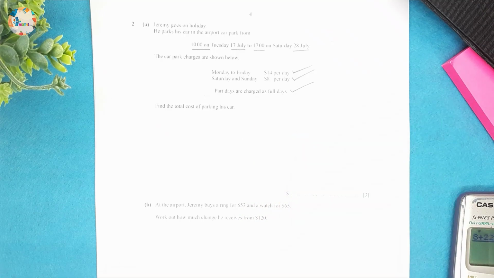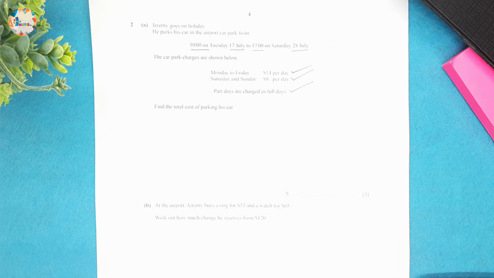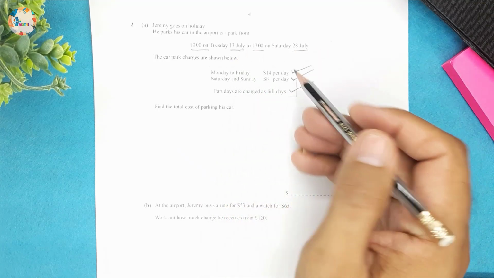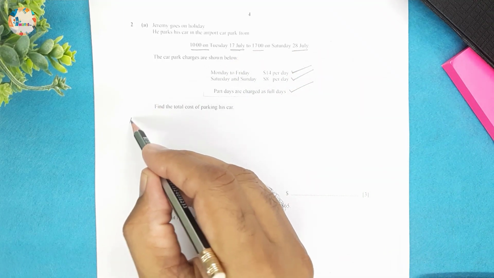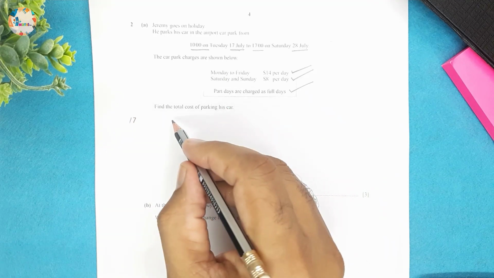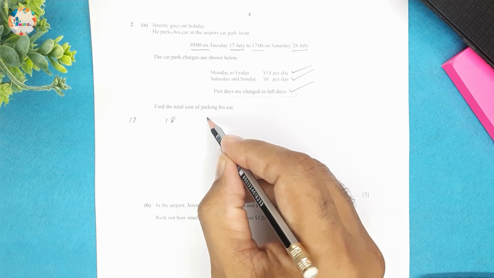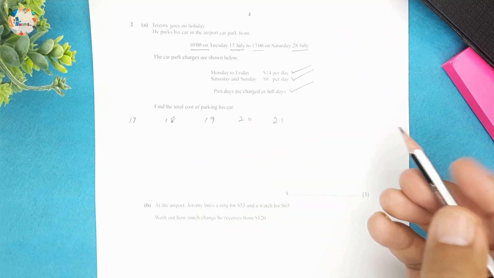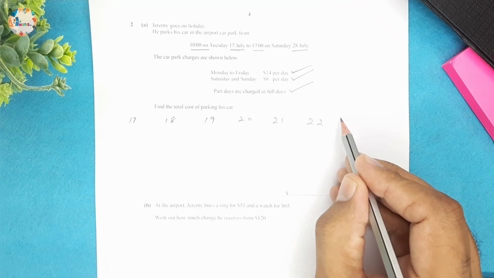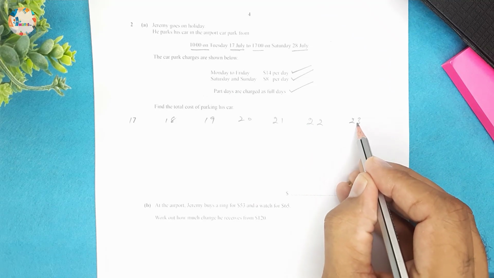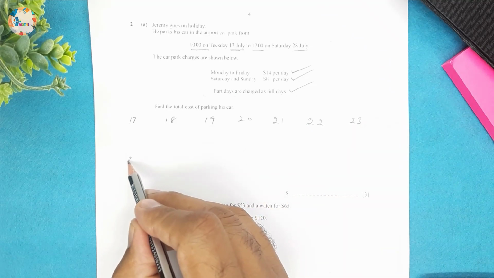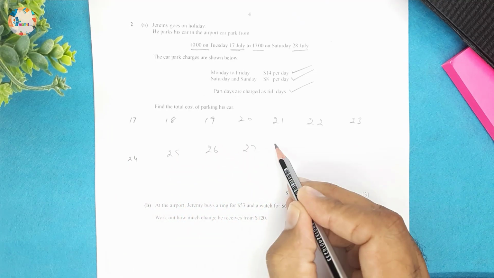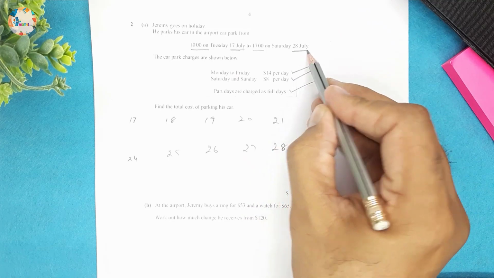In parking his car. So for this question we can check from dates 17 to 28. So it's starting from 17 and then 18, 19, 20, 21, 22, 23, then next 24, 25, 26, 27 and up to 28th July.